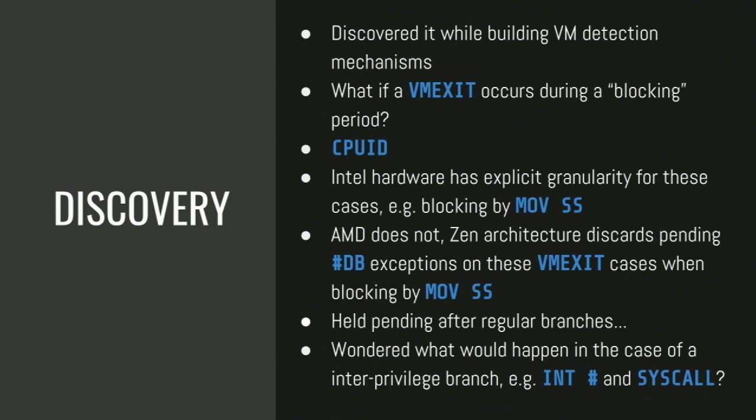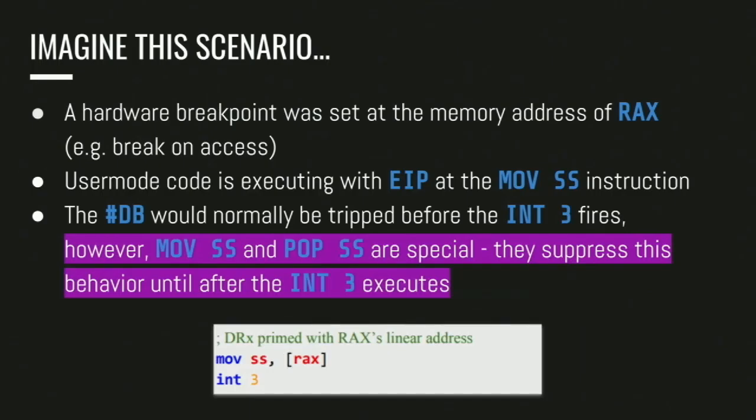And what happens if we do an interprivilege interrupt? The two ways that we can do that in user mode are with interrupt and Syscall. So if you look at the assembly at the bottom in the white, what's important here is that RAX is actually primed with debug registers.